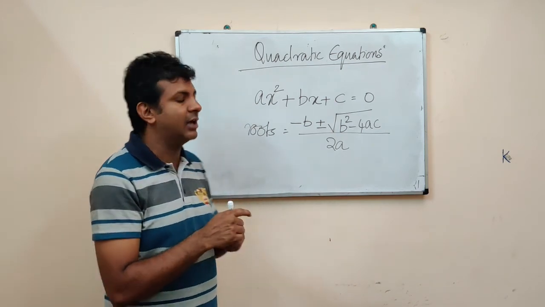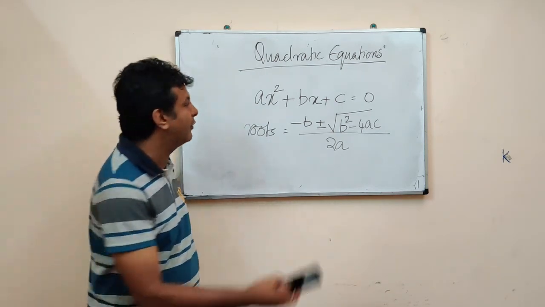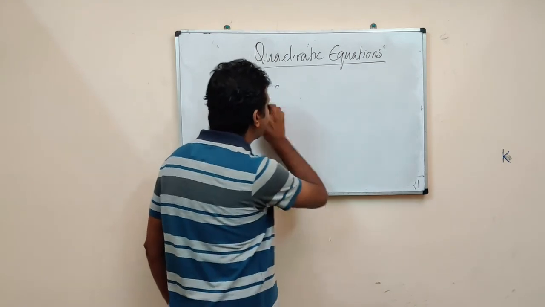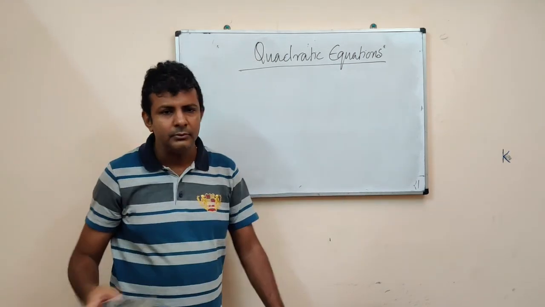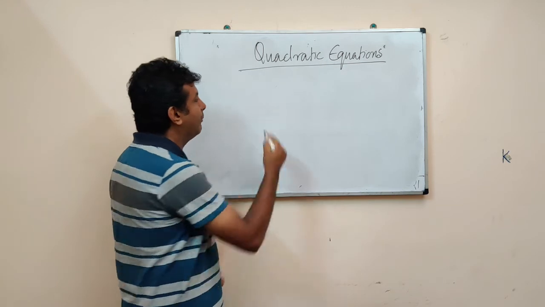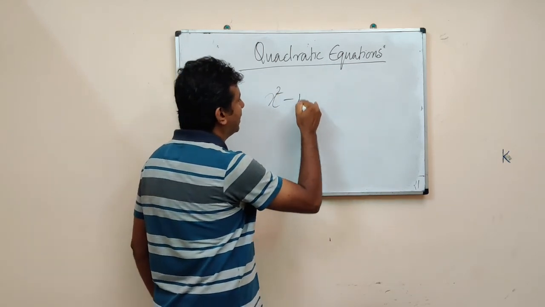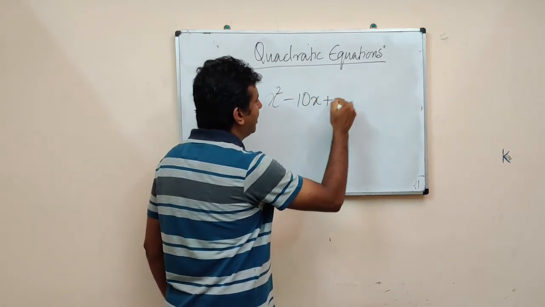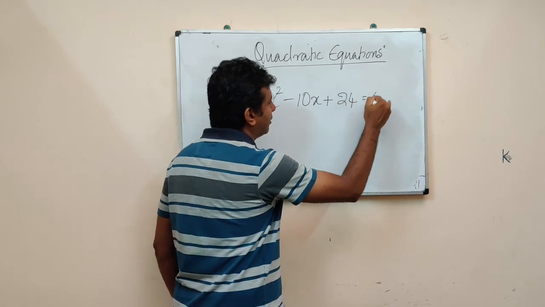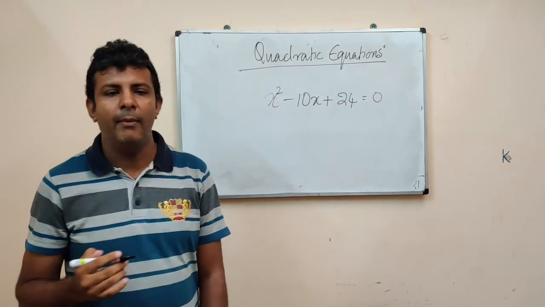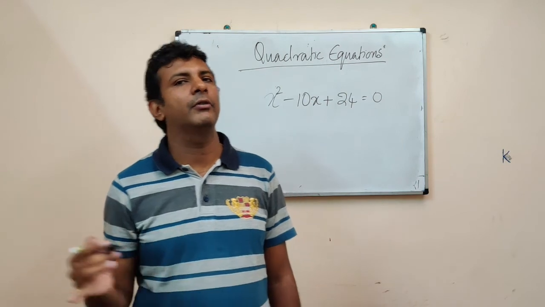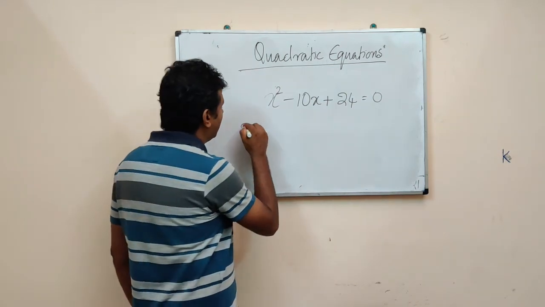Now let us take an example and solve for these roots and find out how it works. Let the example be this: x square minus 10x plus 24 is equal to 0. Now what are the roots?